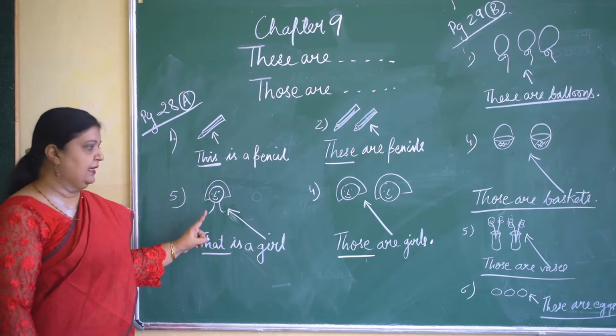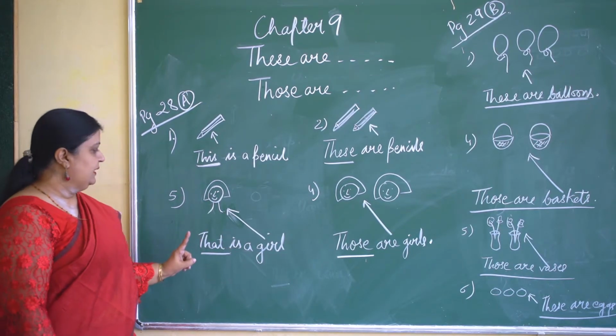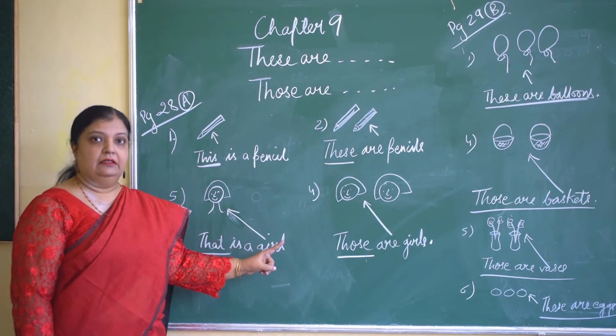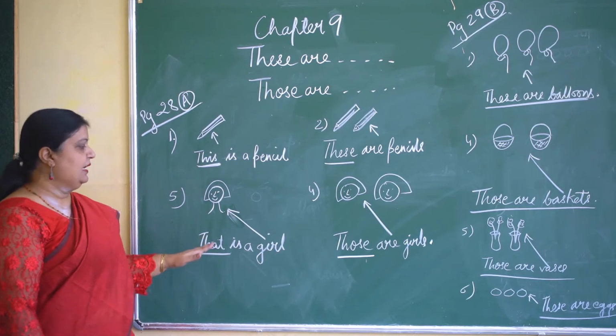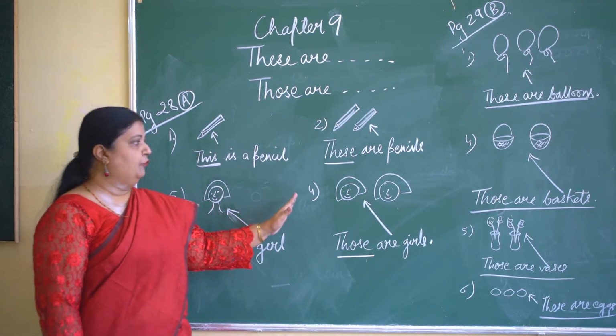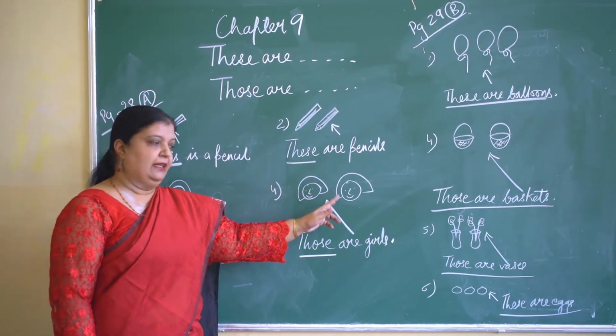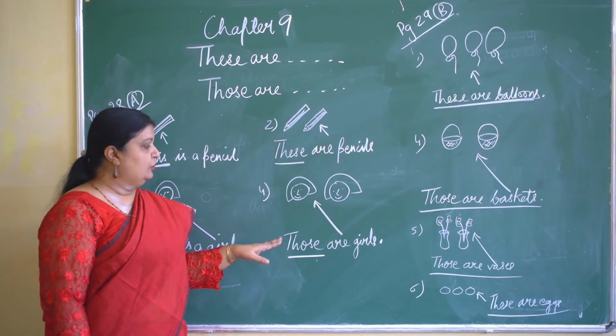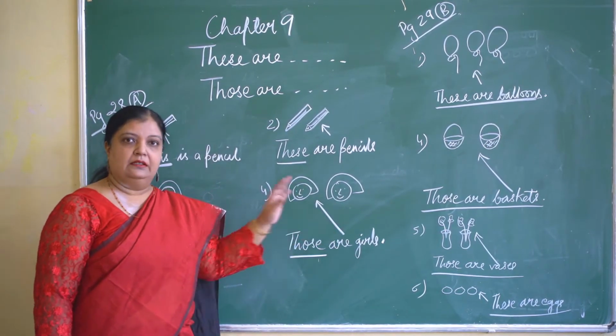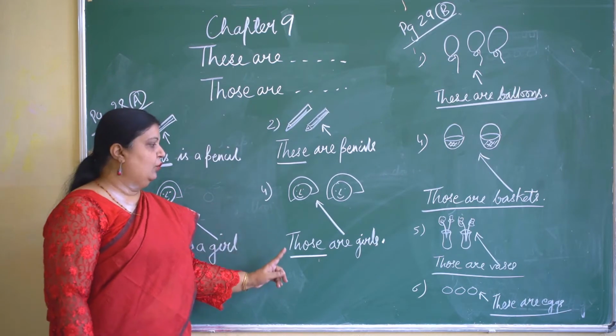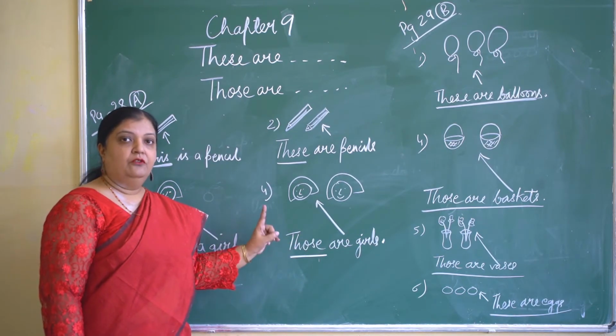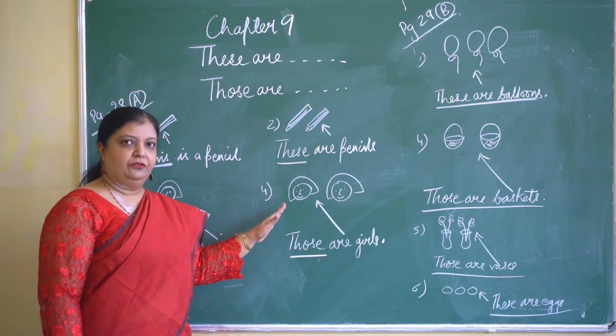Now we will switch to the fifth picture. One single girl is there, far off. That is a girl. Now the fourth picture, two girls are there, far off. Those are girls. Those for more than one and far off.